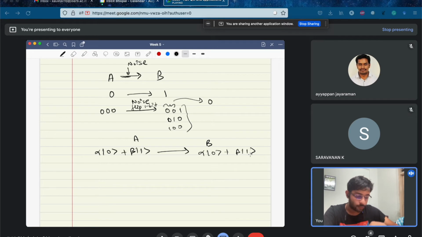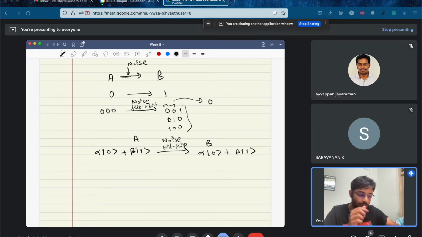But what will happen if there is some noise? How will B know if the state is actually correct or not? Okay, let's say the noise does a bit flip, okay, on the 1, or let's say there is only one bit, so it might actually change the whole information.